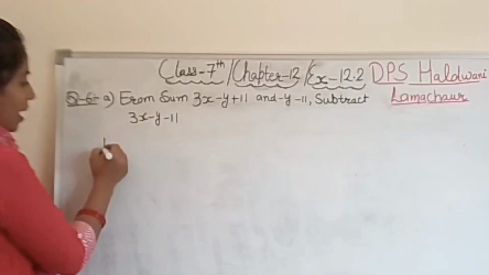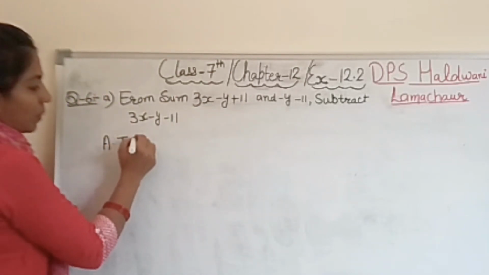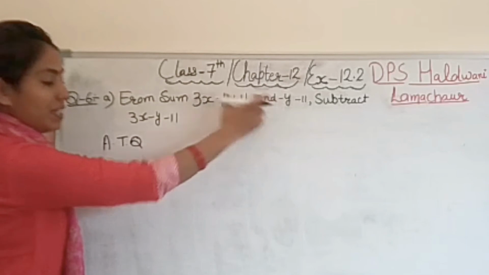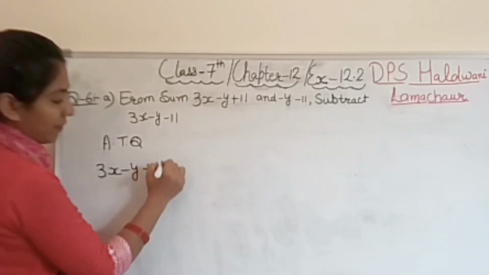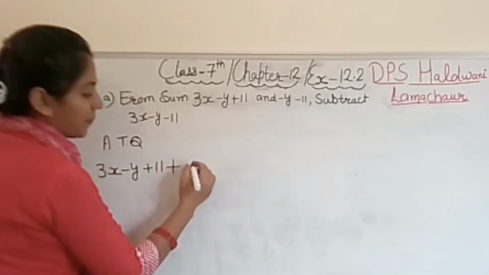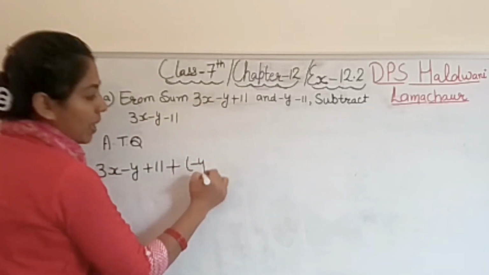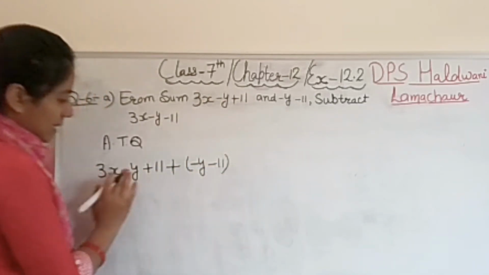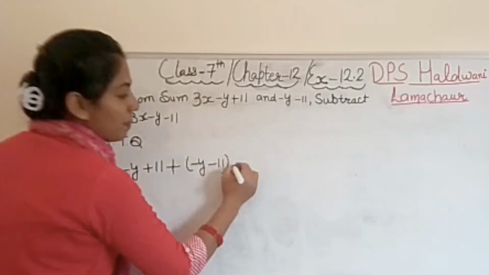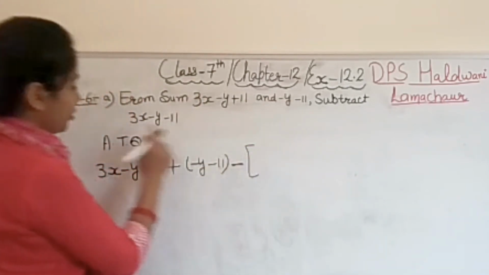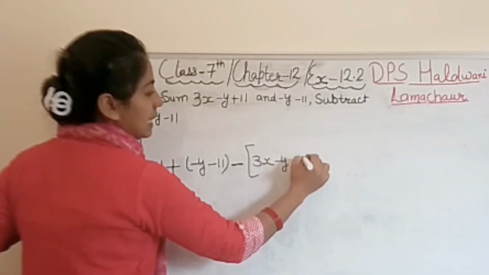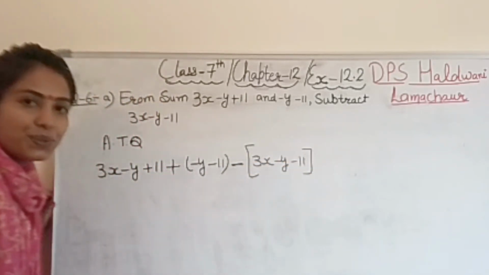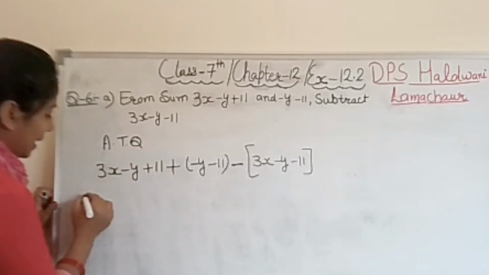According to the question, what is given? Sum of these two: 3x minus y plus 11 plus minus y minus 11. From the sum of these two, subtract this term: 3x minus y minus 11. Right, student?